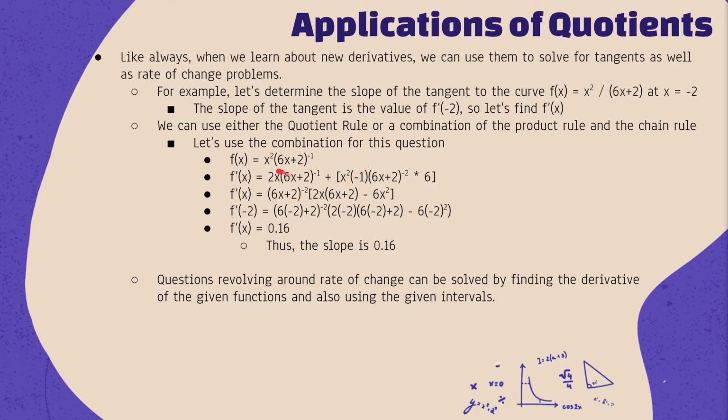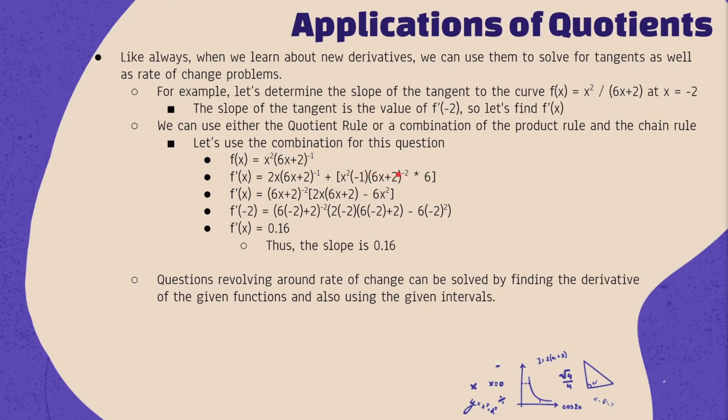So in our case, what's f prime of x? So what's the derivative of x squared? That's 2x. And then we just leave this part be. The derivative of this part here is a little bit more difficult, but if you remember, we should just put the f of x down, so x squared. Then what are we doing with the exponent? Well, we just drag it over here, so -1 was dragged over, then -1 minus 1, that's -2.